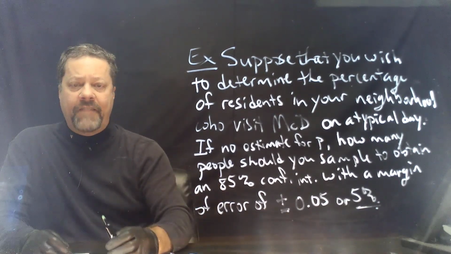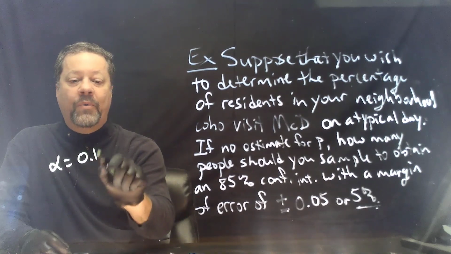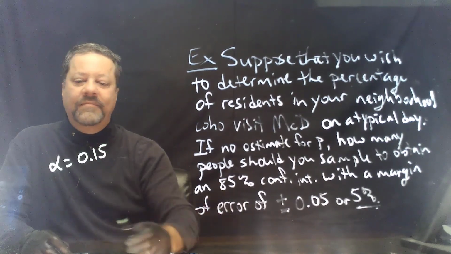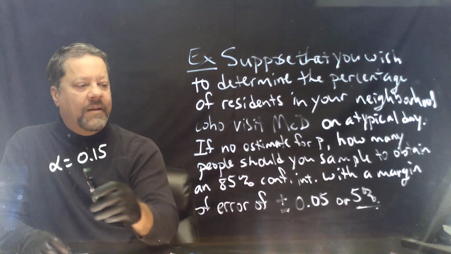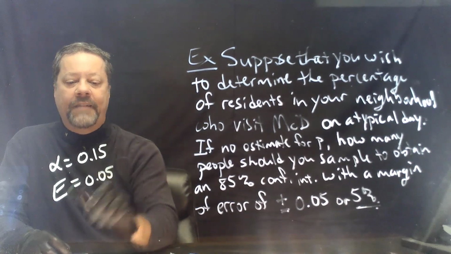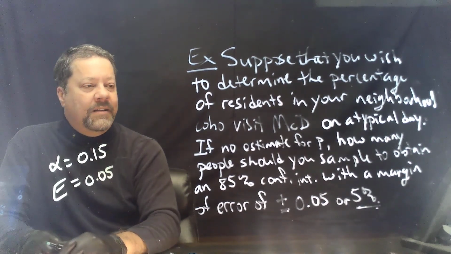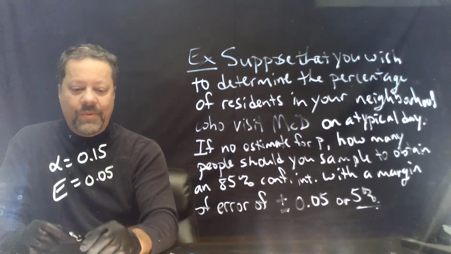Since it's an 85% confidence interval, alpha will be 0.15. 1 minus alpha will be 0.85. And the margin of error is 0.05. We're going to use p hat equals 1/2 and q hat equals 1/2.